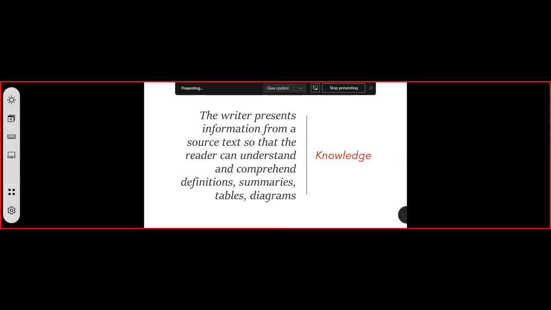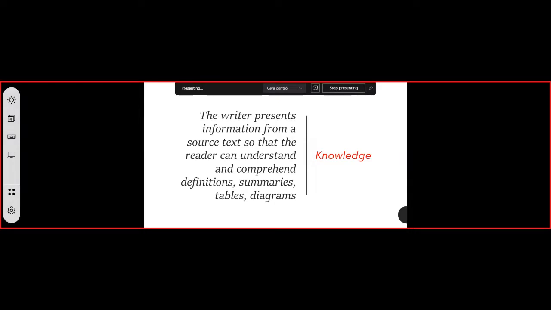Now this is where you as a writer present information from a source text so that the reader can understand and comprehend. So when we provide knowledge, it is often in the form of defining, for instance, key concepts or variables. It is where we provide summaries.